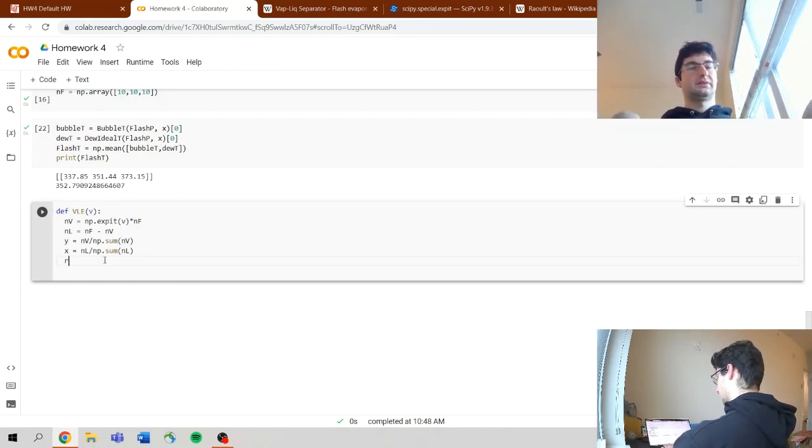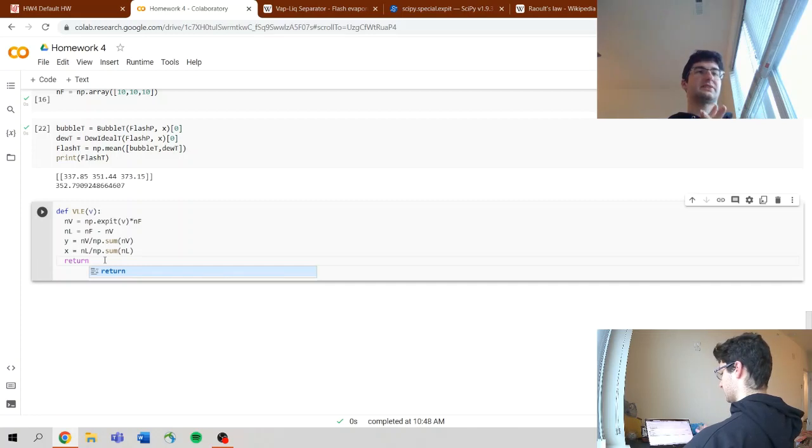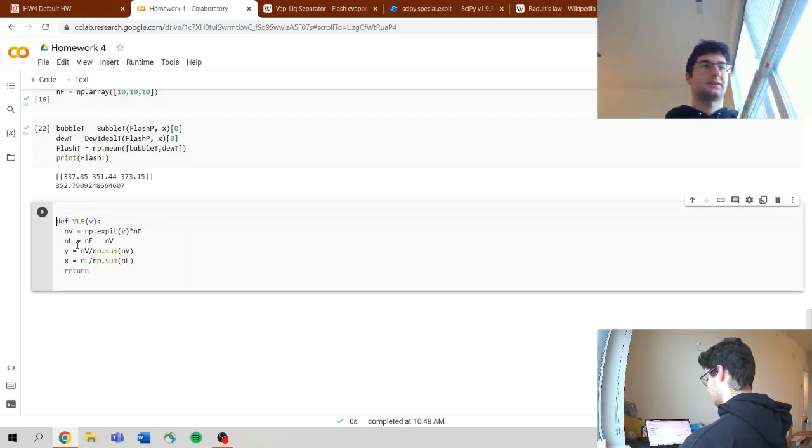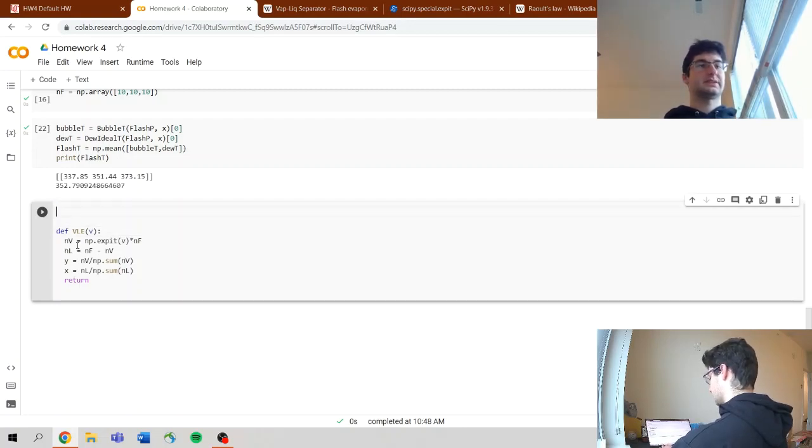Okay? Once we have that, this function that looks at our vapor-liquid equilibrium, we're eventually going to use as a nested function. Actually, let me do that now before I forget. So we're going to define this as just flash calc.